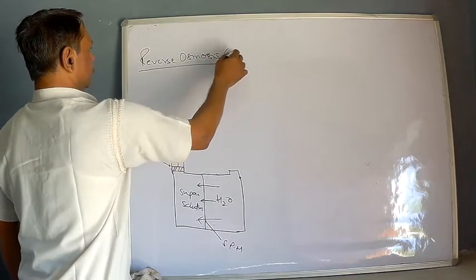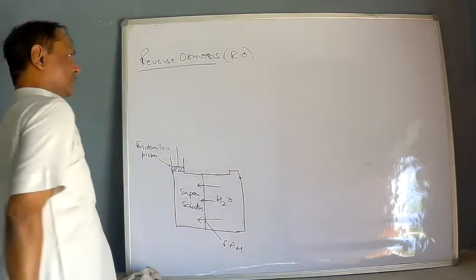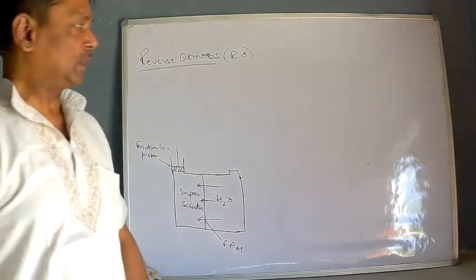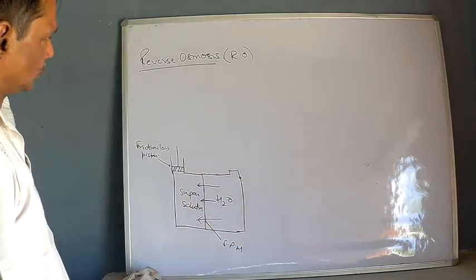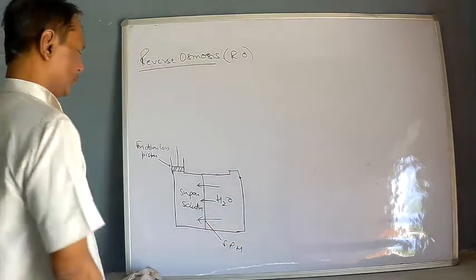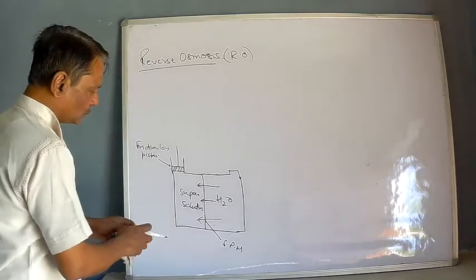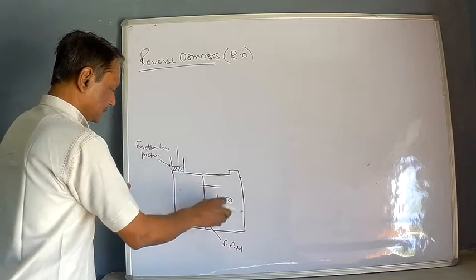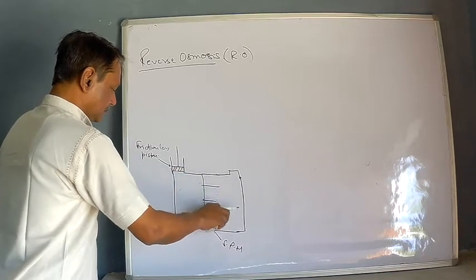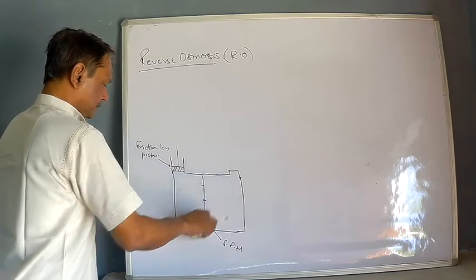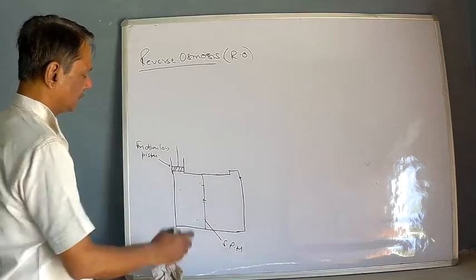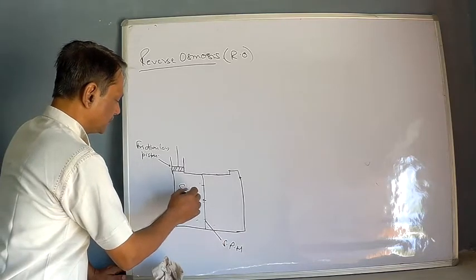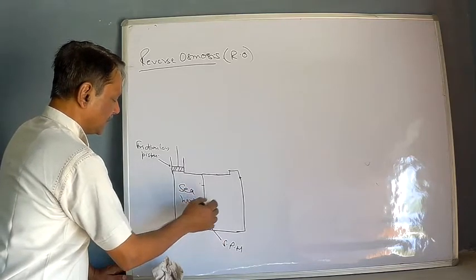That is simply your RO which you are using in your house. Every house now has RO, and RO is what? Reverse osmosis. So I am going to do some changes in this diagram. SPM remains here. Let us take seawater here and here plain water.